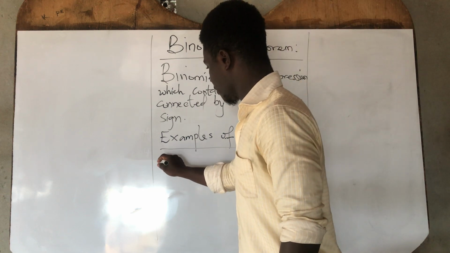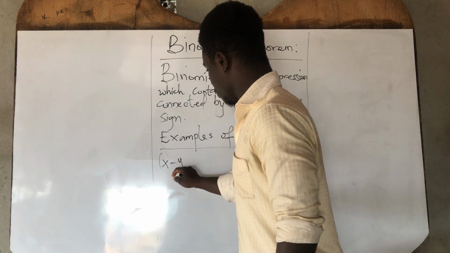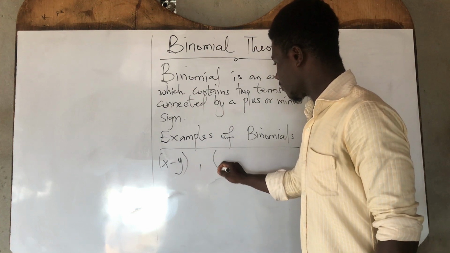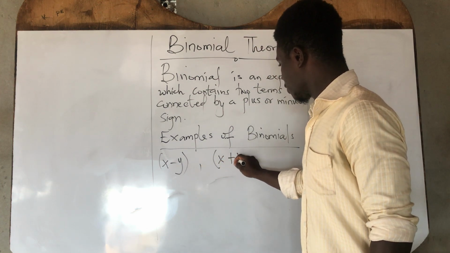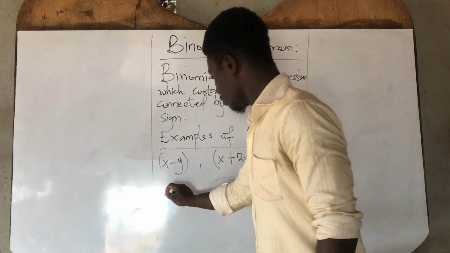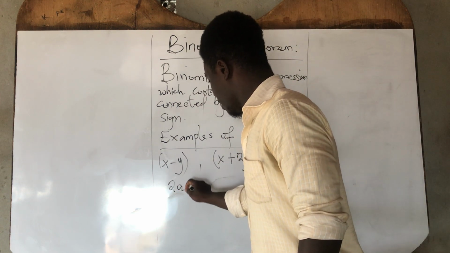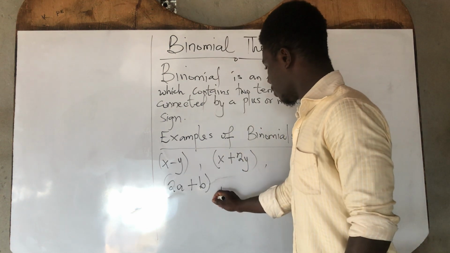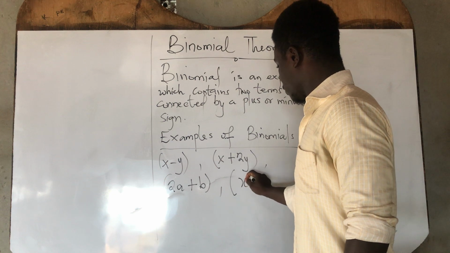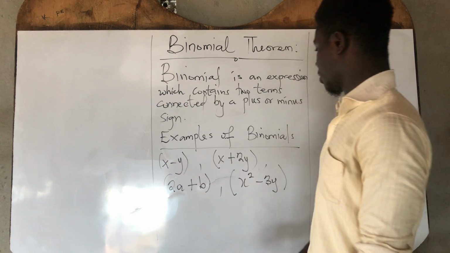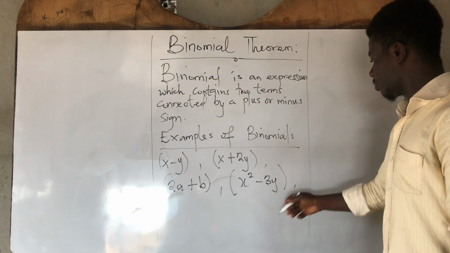So we have x minus y, which is a binomial. We have x plus 2y, which is also a binomial. We have 2a plus b, a binomial. We have x squared minus 3y, also a binomial.